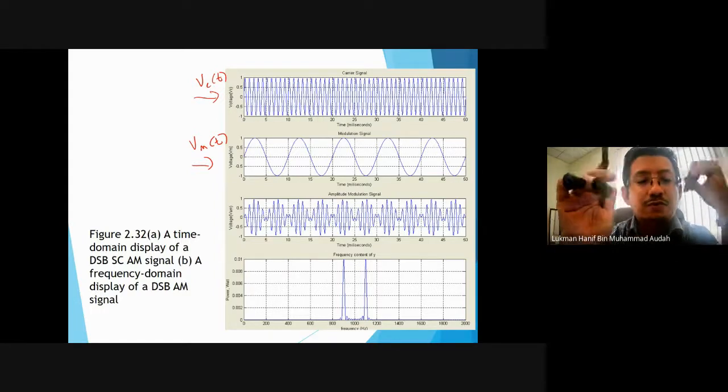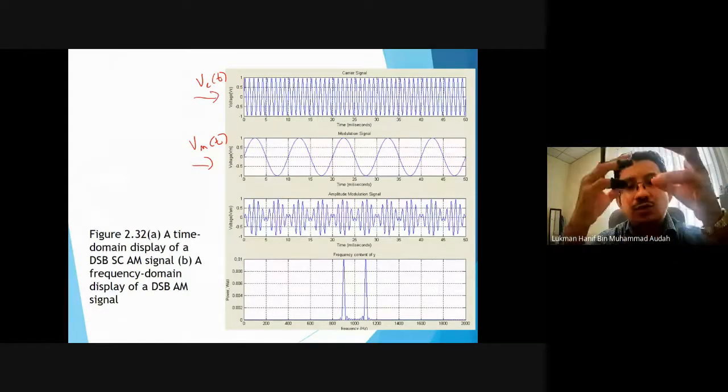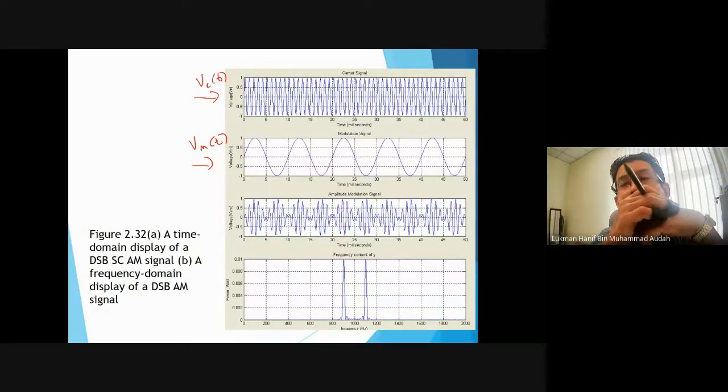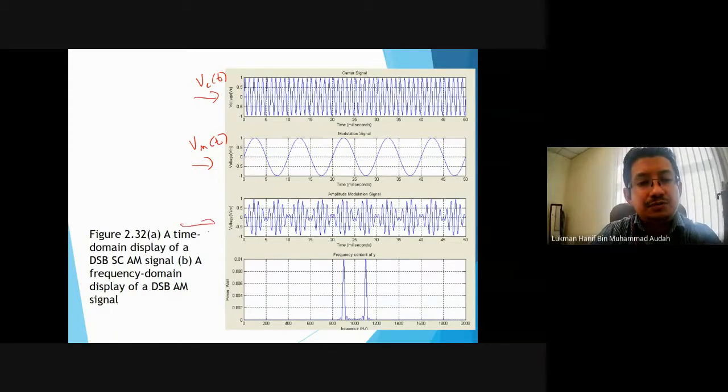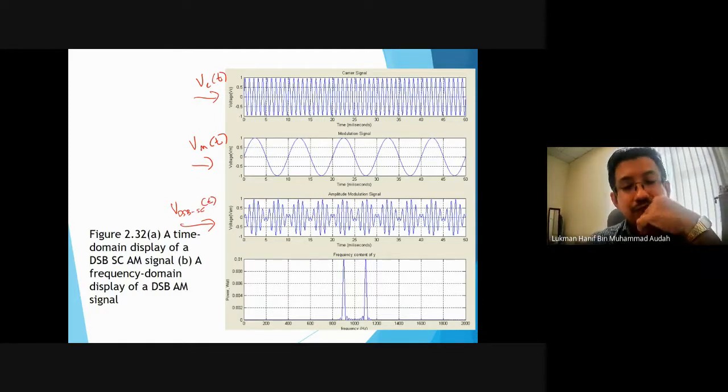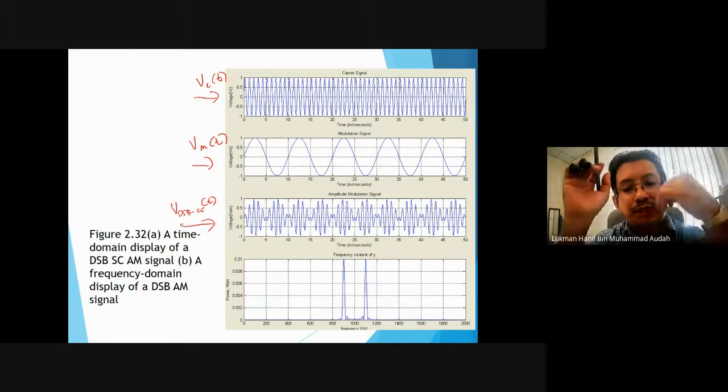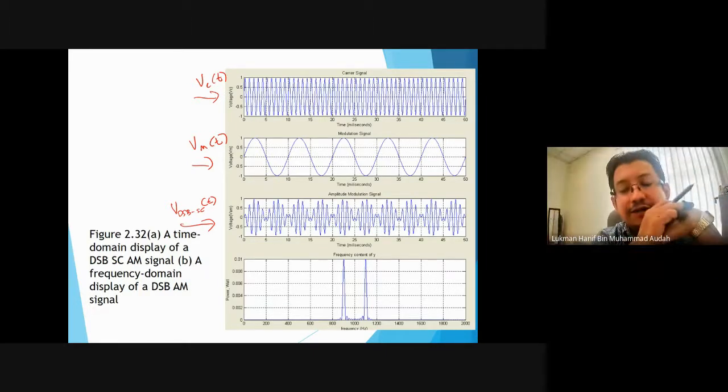Okay, so these two, when we do the modulation process to produce a double sideband suppressed carrier, we will produce this waveform. This is the V double sideband suppressed carrier. And you see that okay, so apakah yang kita boleh lihat di sini ya?